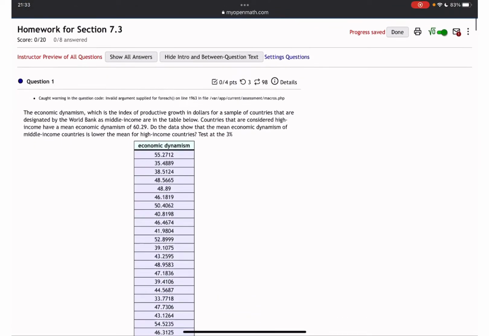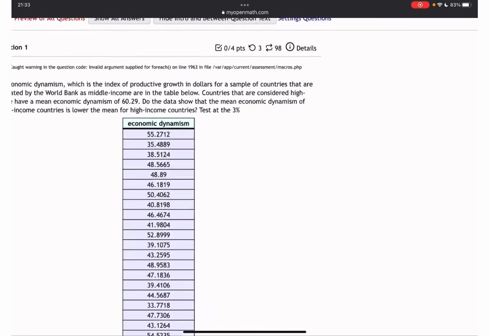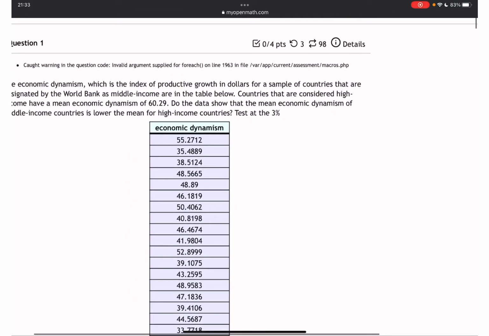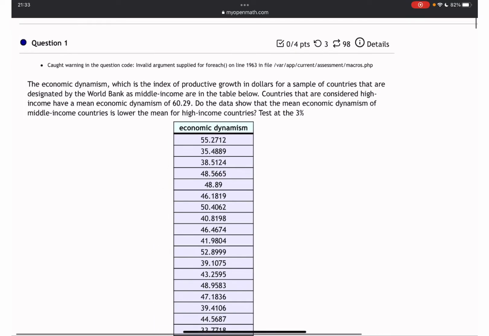Okay, homework for section 7.3. The economic dynamism, which is the index of productive growth in dollars for a sample of countries that are designated by the World Bank as middle income, is in the table below. Countries that are considered high income have a mean economic dynamism of 60.29.